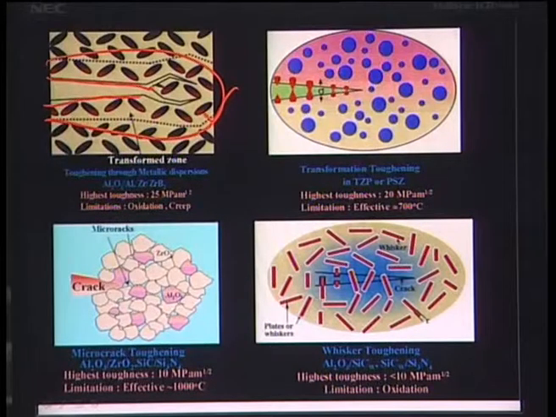That increases the volume expansion, indicated by this, and then it experiences a compressive stress field, and that leads to the toughness of these materials. Microcrack, I have already told you, the classical example is the alumina zirconia particulate reinforced composite.